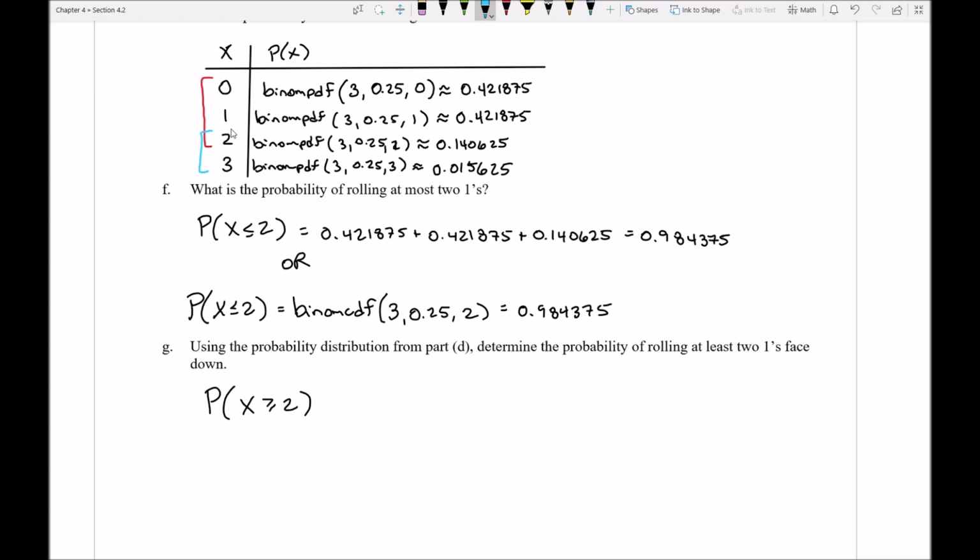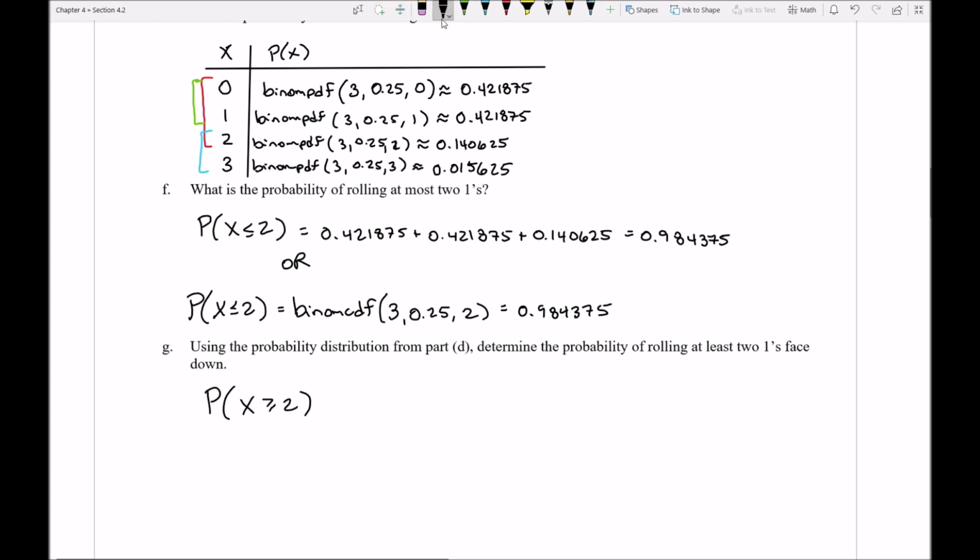A CDF command will never actually be able to tell me directly the probabilities associated with 2 and 3. And the reason for that, remember, is that a CDF command starts at 0 and I have to tell it where to stop. So I can't actually grab these blue numbers with a CDF. However, you might notice that up here, it's possible for me to grab all the numbers that I'm not interested in with a CDF.